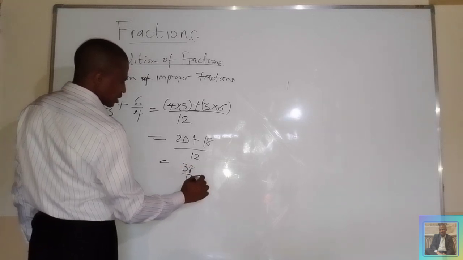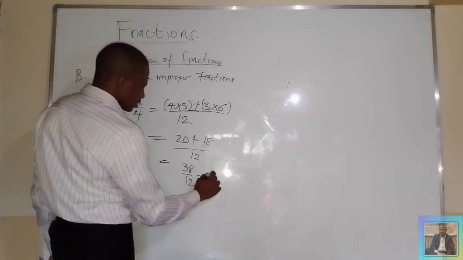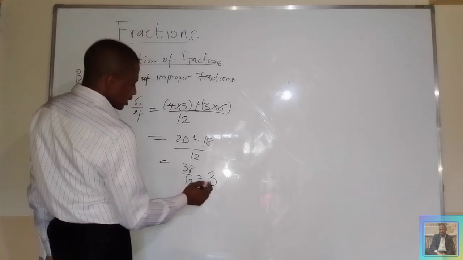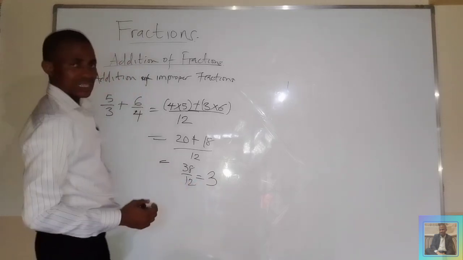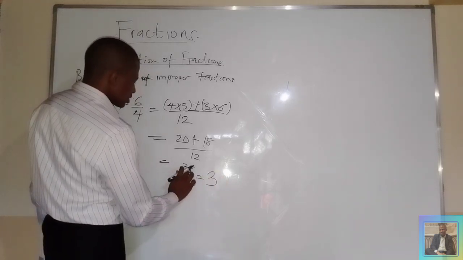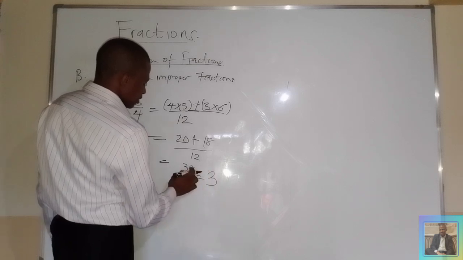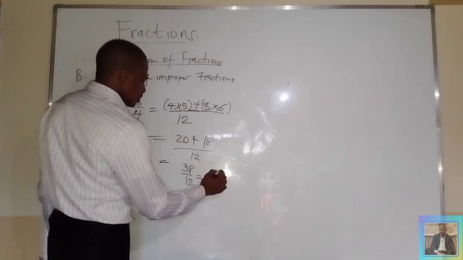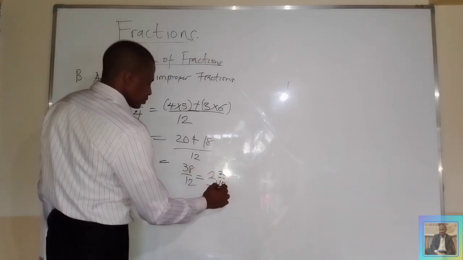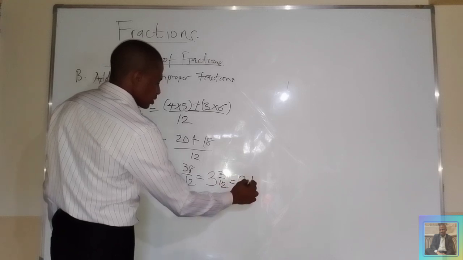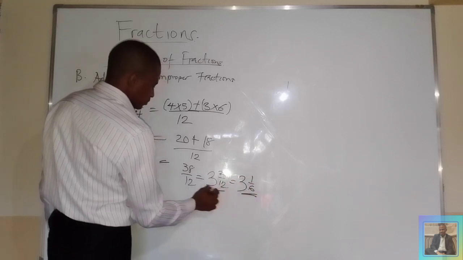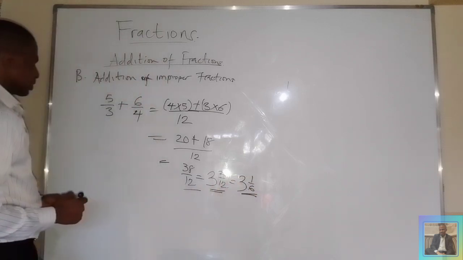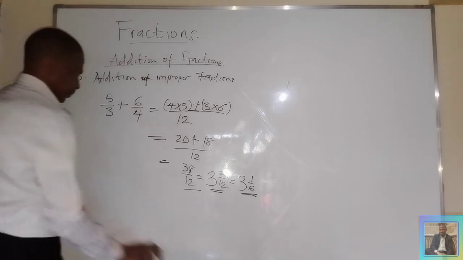We can further break this down to being 3 whole number. 3 times 12, 36. If we take away 36 from 38, we have 2 over 12. Then this can also still give us 1 over 6. So any of these numbers are the same.